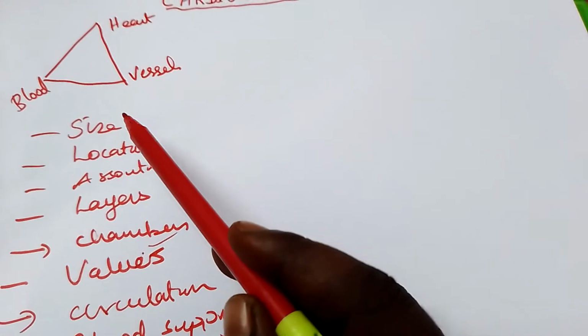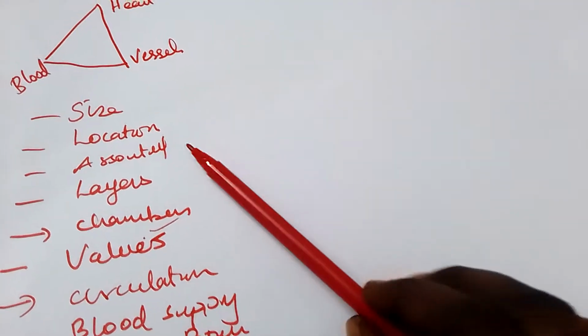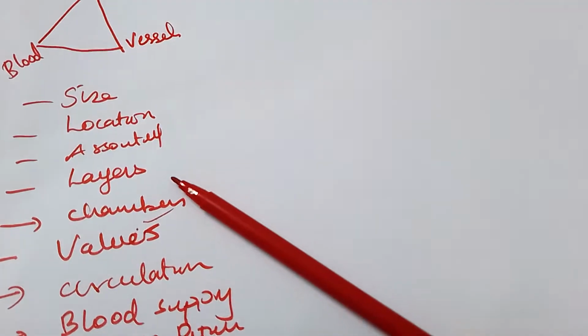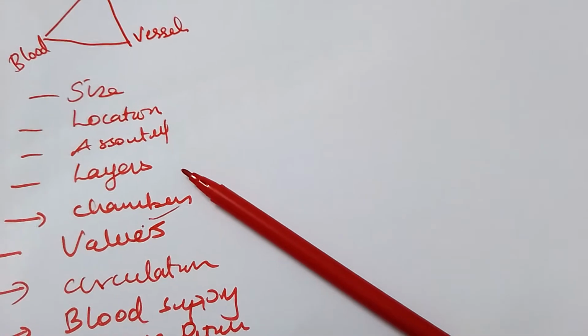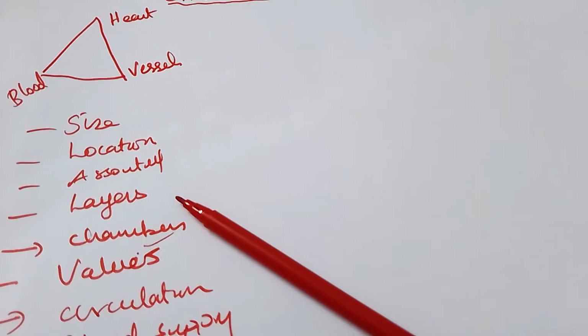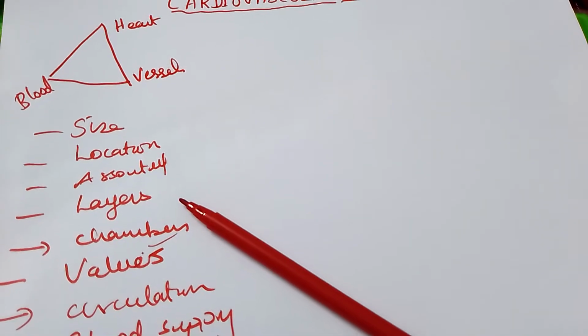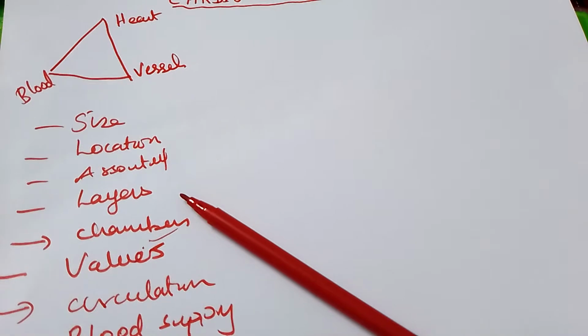Understand the size of the heart, the location of the heart, and the associated structures. Always remember anatomy when you are studying. You should know what is present anterior, posterior, superior, inferior and lateral.